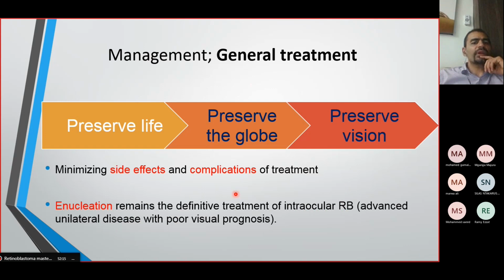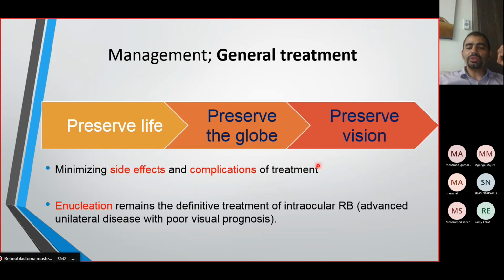Okay, so the general principles: the primary objective is to preserve the life of the child, and if possible, preserve the globe, so having a normal shaped globe, and if possible, preserve the vision. So try not to destroy the whole retina, just destroy the tumor and preserve the remaining retina, so the patient will have a good vision.